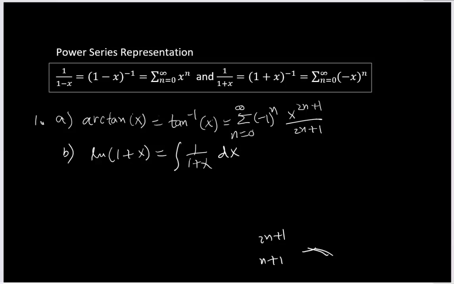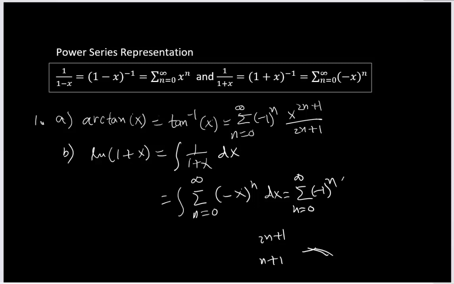Okay, so 1 over 1 plus x I can use as a summation, where n goes from 0 to infinity, (negative x) to the n dx. So this one is simply the summation n goes from 0 to infinity, negative 1 to the n, integral of x to the n dx.